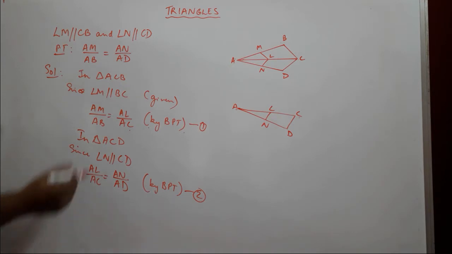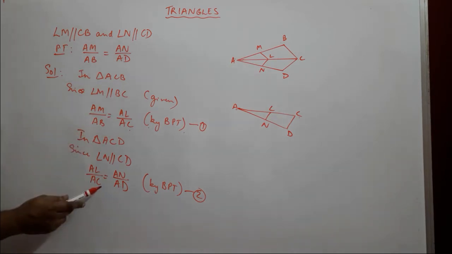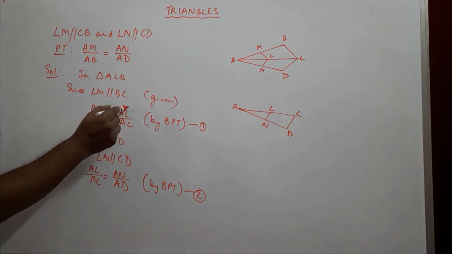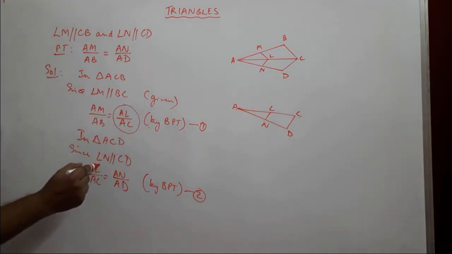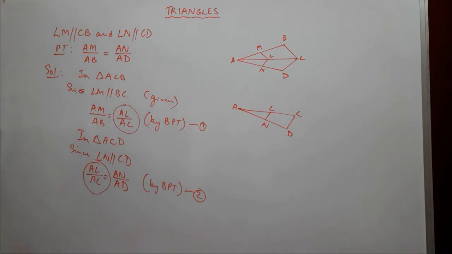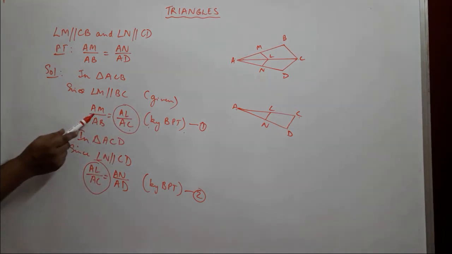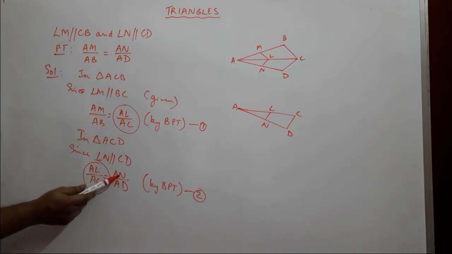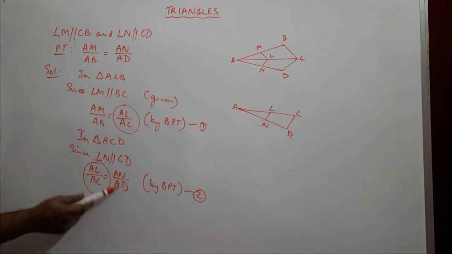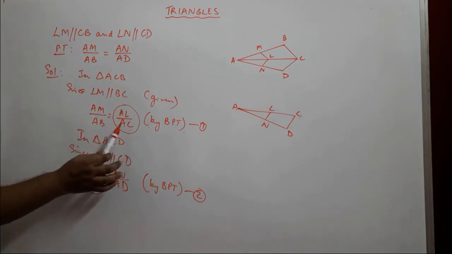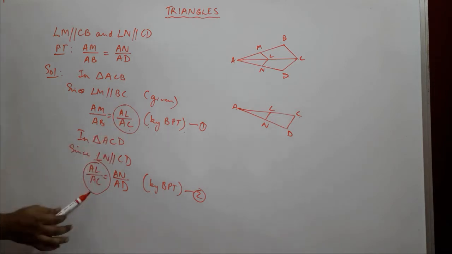Now if you have a look at 1 and 2, you find there is something common, and that common part is AL upon AC. So if these two are common, then we can say that these two also should be equal, that is AM upon AB should be equal to AN upon AD, just because both of them are equal to AL upon AC. They have this in common.